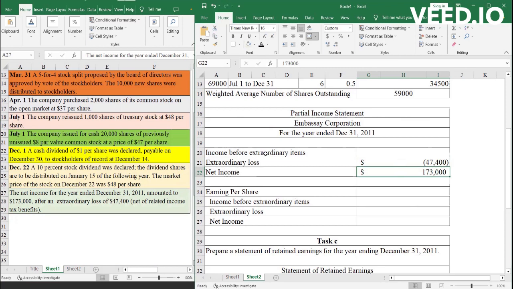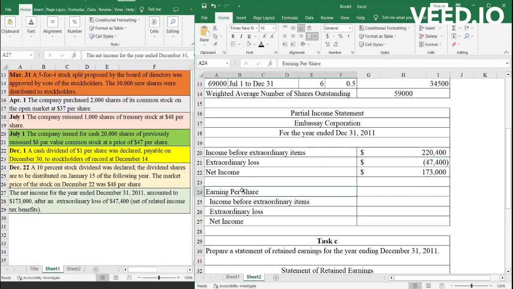To find the income before extraordinary items, you have to add the extraordinary loss to the net income. Since this is a minus sign, if I want to add, I'll have to use a minus sign as well. So net income minus this loss. If it was a gain, I would have simply added it. So income before extraordinary items is 220,400. So we have the lower income statement expressed in dollars for the total company.